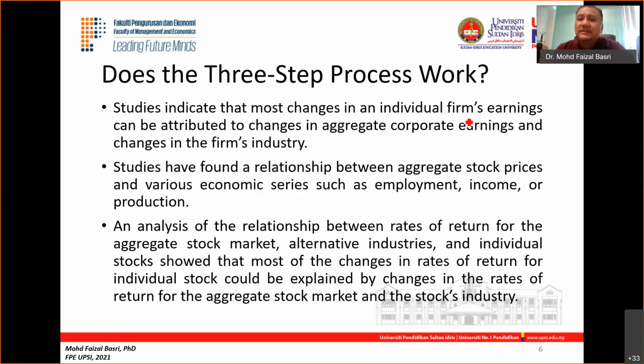Performance can be measured using earnings, such as the company's net profit, or ratios like return on asset or return on equity. They found a relationship between the performance, either profits or stock prices, and economic indicators.